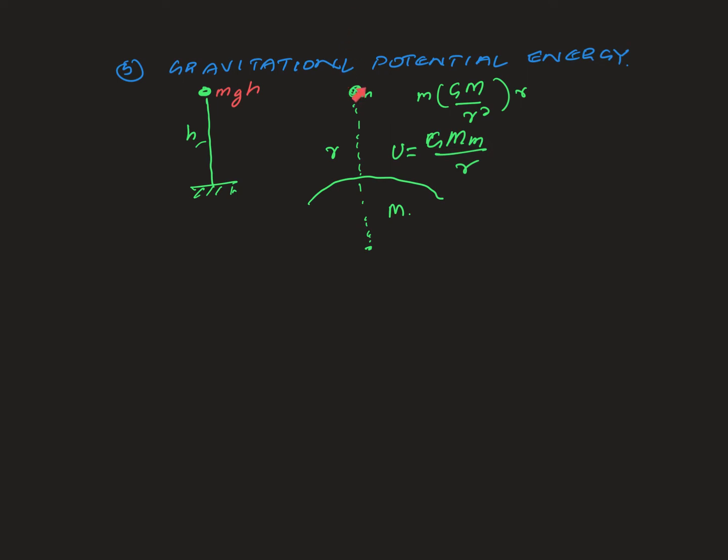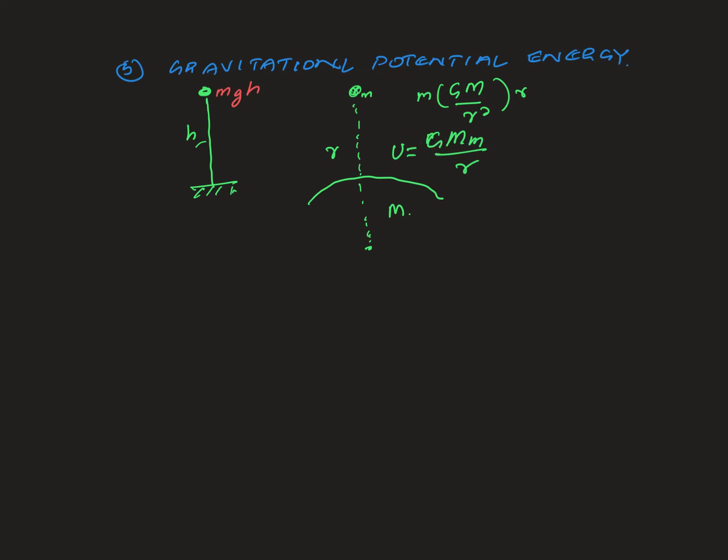So we define potential energy as the work done to bring an object from infinity to a point which is r from the center of the planet. So we're bringing an object from here to here. But interestingly, we don't have to do any work to bring an object from infinity to here because the gravity is going to do the job. And because gravity is doing the job, we are not doing the job, that's going to be minus.